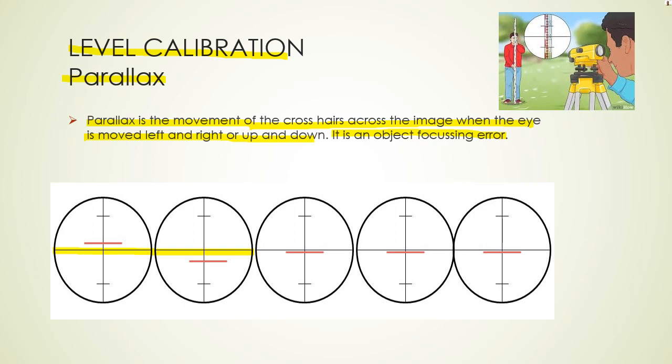So in this case, you can't take the same reading if you move your eyes up and down. So that is the error. So we need to make sure that we have a stable crosshair despite moving your eyes up and down or left and right.